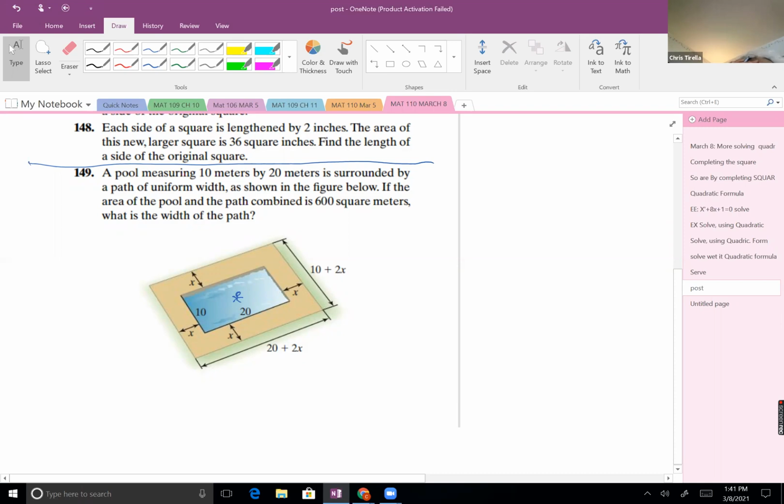So what they did for us here was they drew the pool 10 by 20, and they said, okay, this path is the same all the way around. So they decided in drawing this diagram that X is the width of the path.